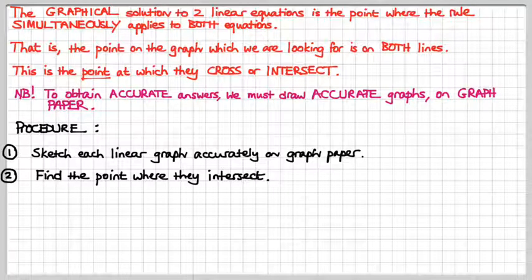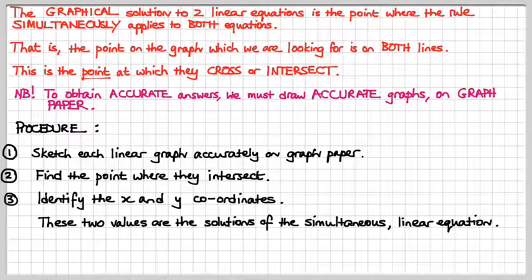Secondly, you find the point where they intersect, that means where they cross. Thirdly, you then identify the x and the y coordinates at this point of intersection. These two values are the solutions of the simultaneous linear equations.